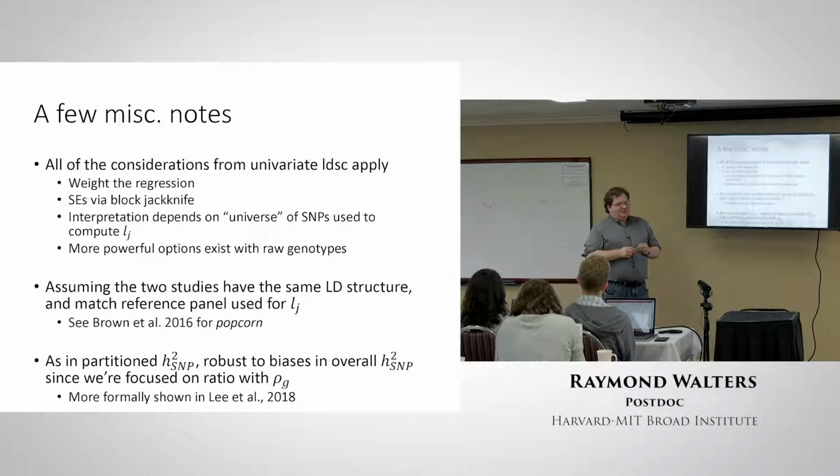And so there's a further development of this method called popcorn that essentially gets you cross-population LD scores that seems to maybe sort of work, but still be kind of rickety depending on the nature of your reference samples, but at least provides some options outside of LD score if you're interested in cross-population genetic correlation.